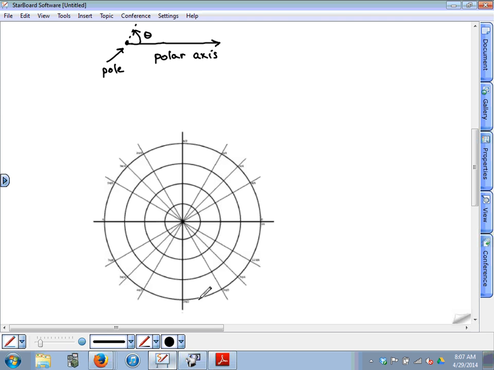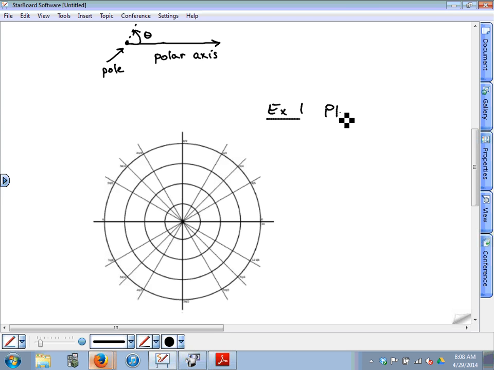This really does make graphing in the polar plane so much easier, because everything is about a distance from the pole and an angle from the axis. So here's example 1.